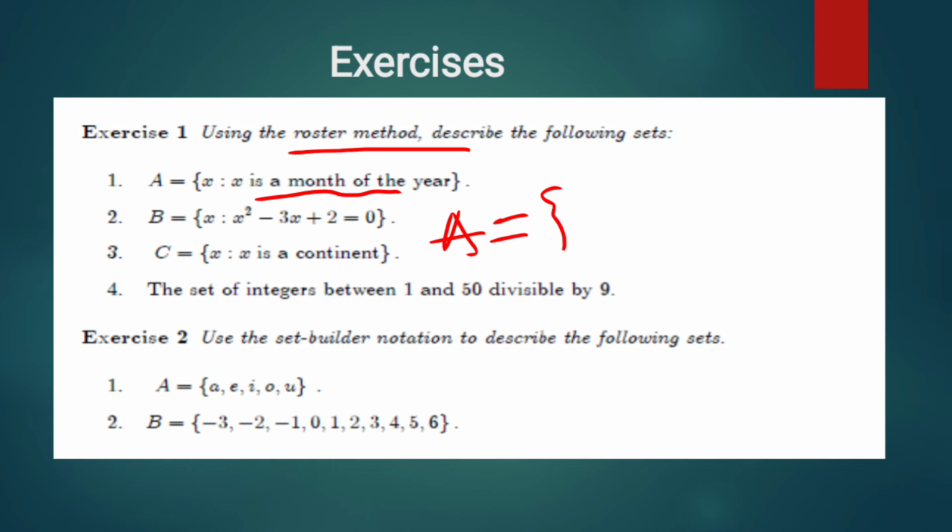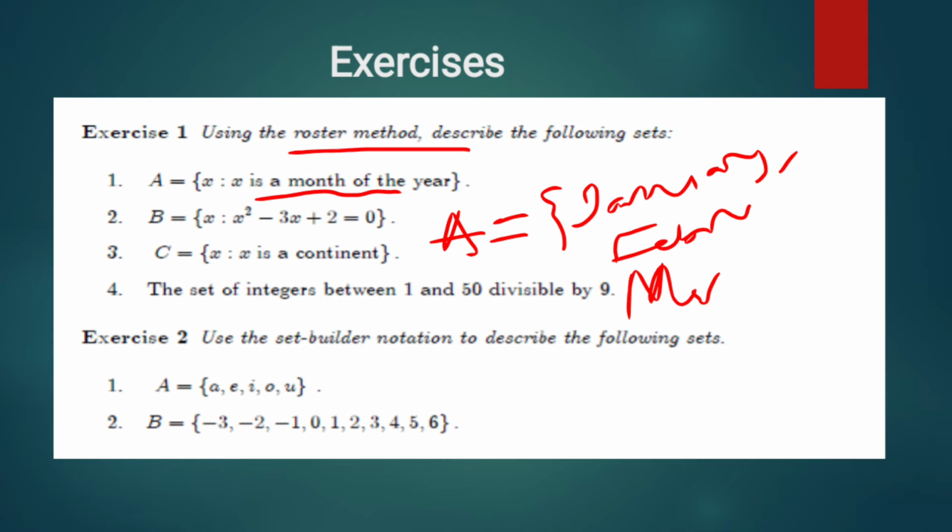The first month is January, February, March, and you write all of the months until you get to December, and then you close the bracket. So that's the solution to the first one.